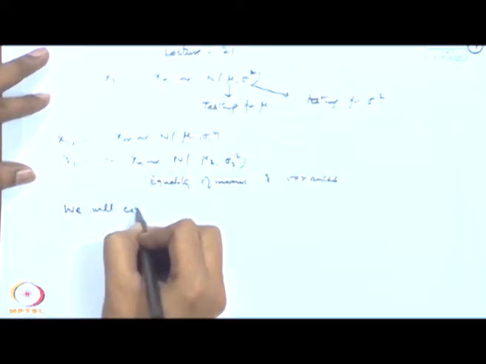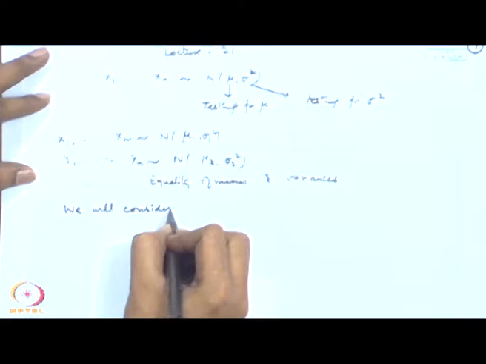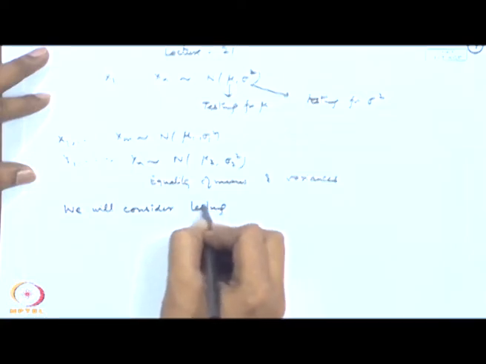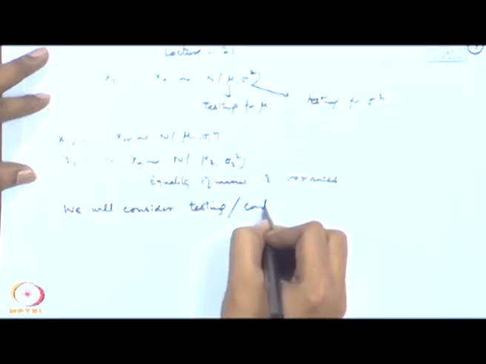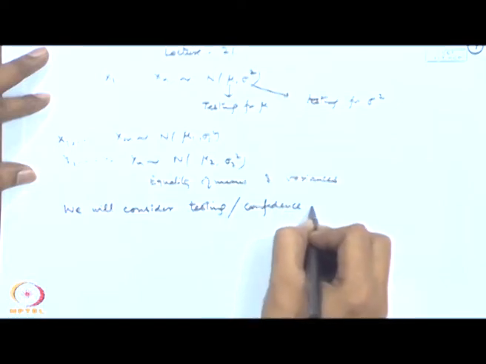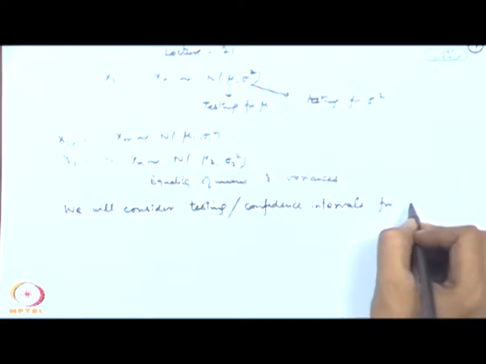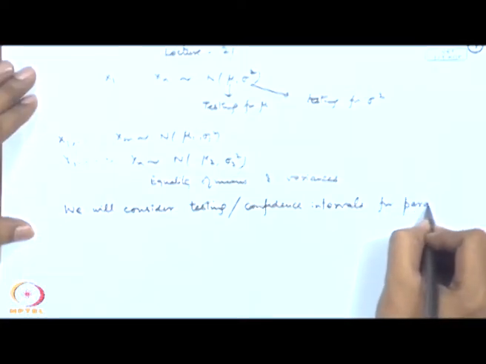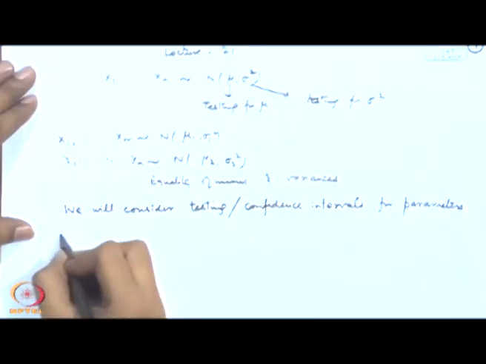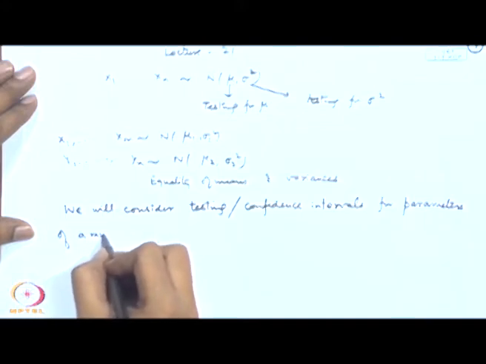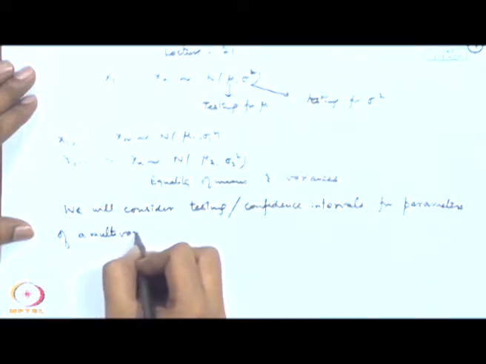We will consider testing and confidence interval for parameters of a multivariate normal population.